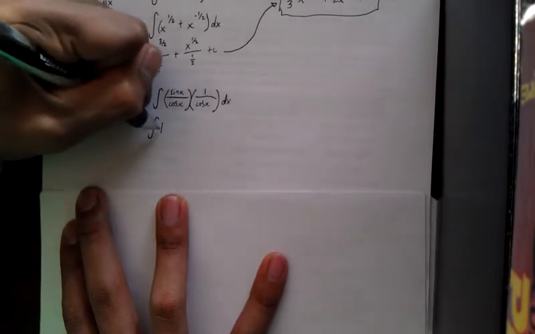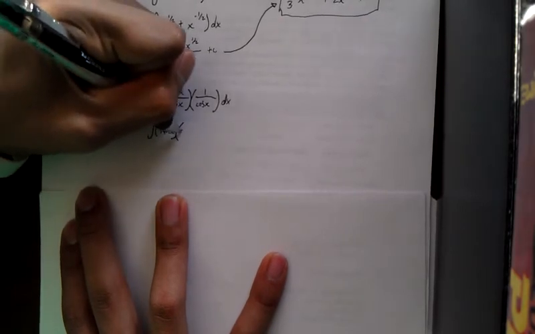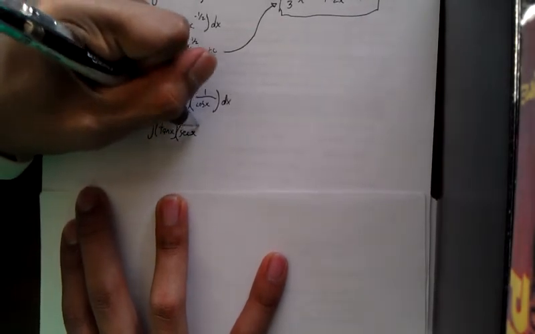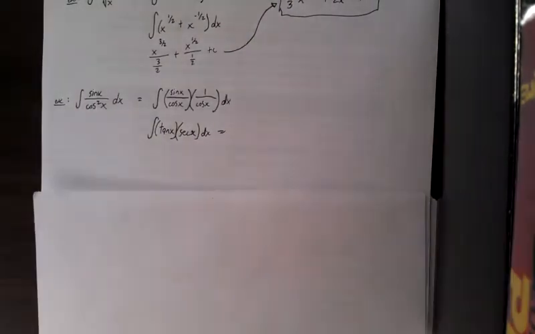So you get, take the integral of tangent x secant x, and according to that list of properties I presented in my last video, secant x tangent x dx equals secant x plus c.